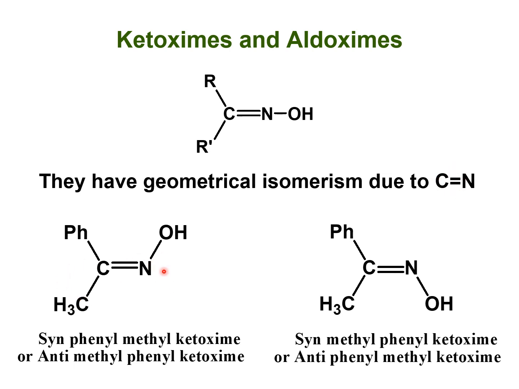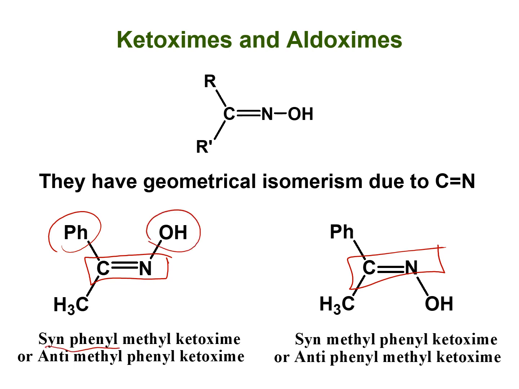We specify where the double bond is first, and then we look at the different substituents relative to the OH. As we have mentioned here, the phenyl is on the same side as the OH, so this is the syn phenyl. And the methyl is at the opposite side of the OH, so this is the anti-methyl. You can name it according to the syn group or to the anti group. And the same applies here.